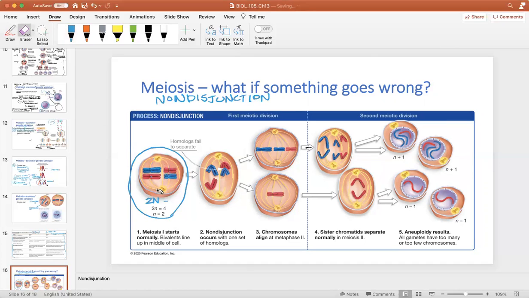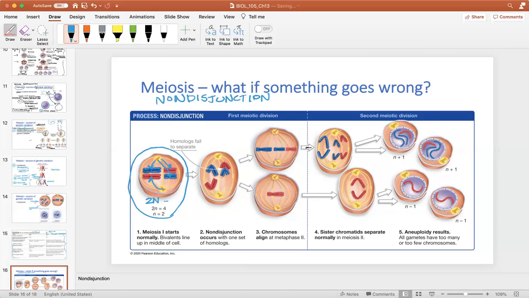Let's review that. So under normal circumstances, these spindle fibers would attach to these guys on this side. These spindle fibers would attach to these guys on this side. Instead, what happened in this scenario, a mistake was made. So these attached properly, and then there was a spindle fiber that reached over and grabbed this one.